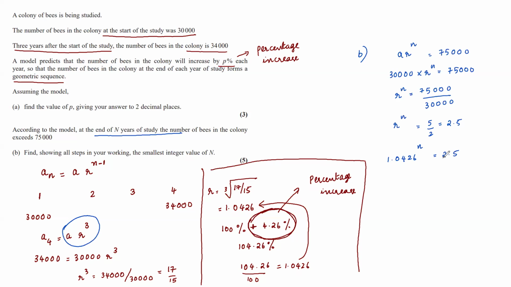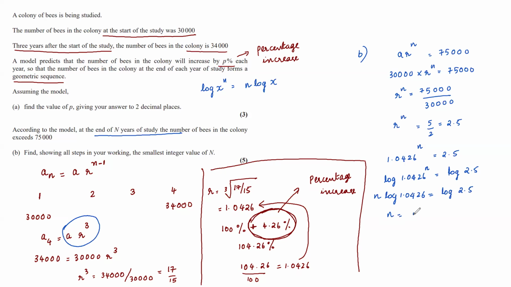This is an exponential. So in order to find the value for n, let's use logarithm. So log of 1.0426 to the power of n is log 2.5. We know the rule, log x to the power of n is n log x. So this will become n log 1.0426 is equal to log 2.5.